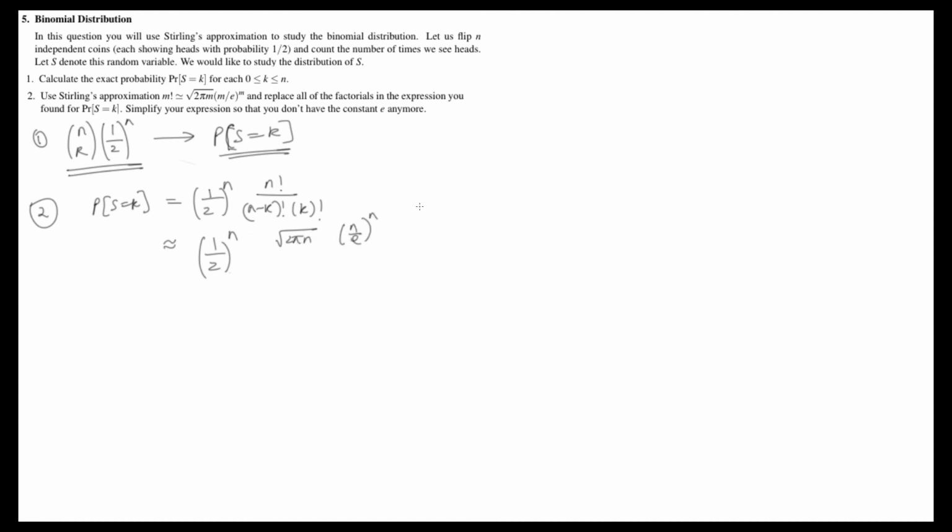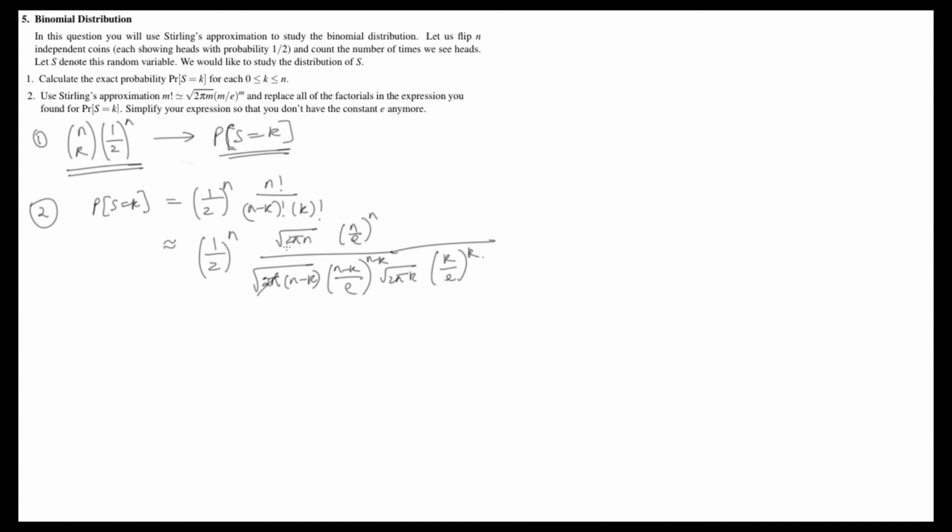divided by root 2 pi n minus k over e to the n minus k, times root 2 pi k over e to the k.